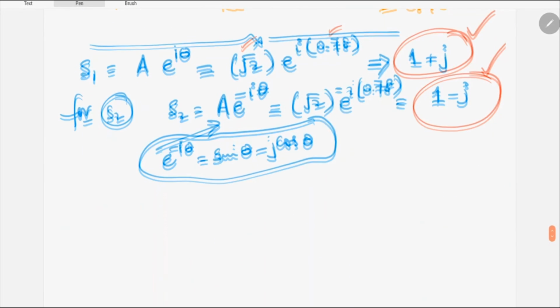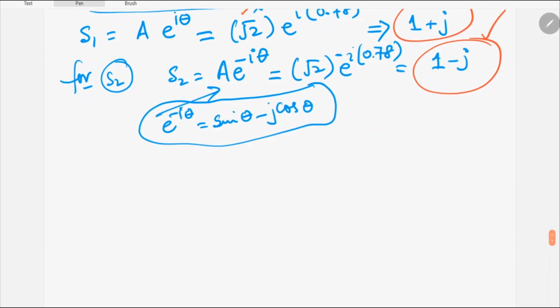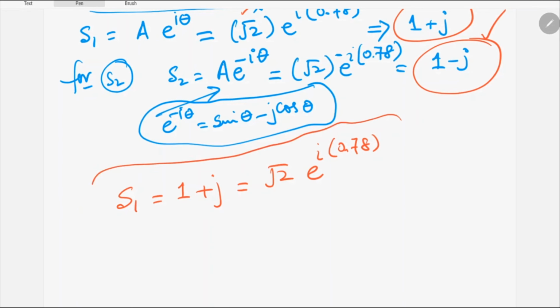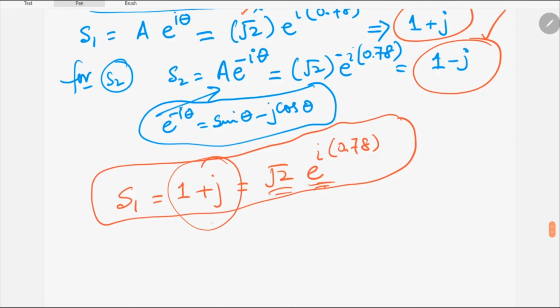So now we know S1, which was equal to 1 plus j, is actually equal to root 2 times e raised to the power i·0.78. Although this looks quite different with the e and all the things in it, it's actually equal to this part.